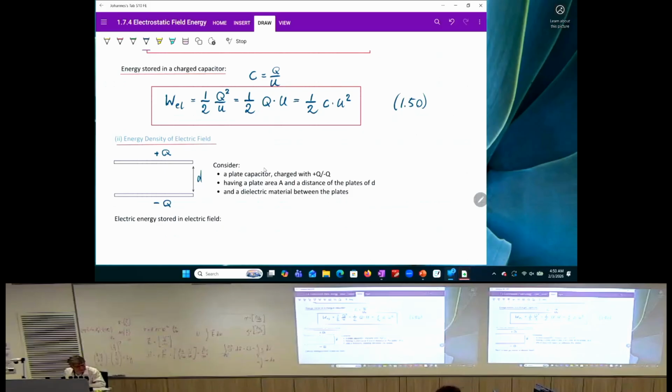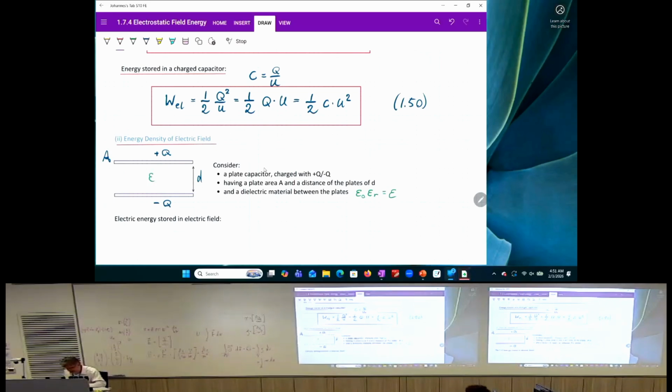We also have a plate area, which is denoted by A. And then we have a dielectric material between the plates, epsilon naught times epsilon r. That is our epsilon in between.